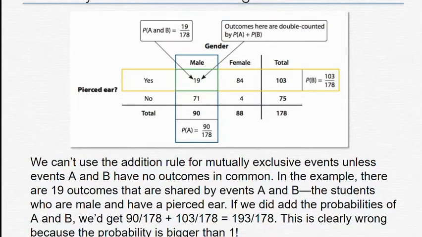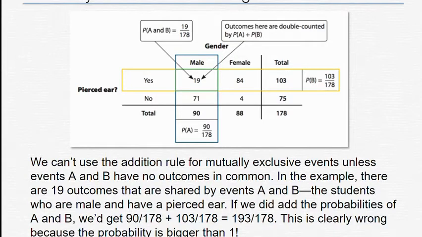Now, we can't use the addition formula for mutually exclusive events to find this probability in part C. Because if we did, we would have counted the males, of which there are 90 total, counted the people with pierced ears, of which there are 103, and we would have double counted all of the males with pierced ears, of which there are 19 people in that category.